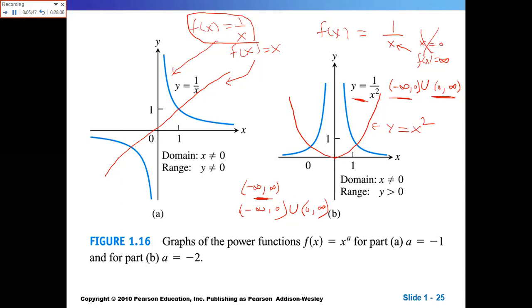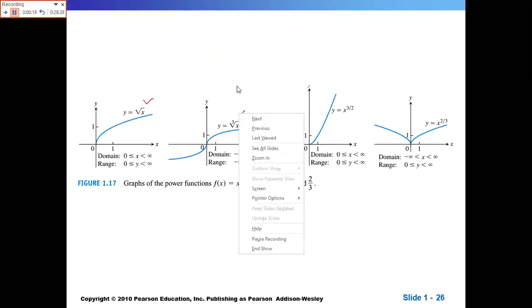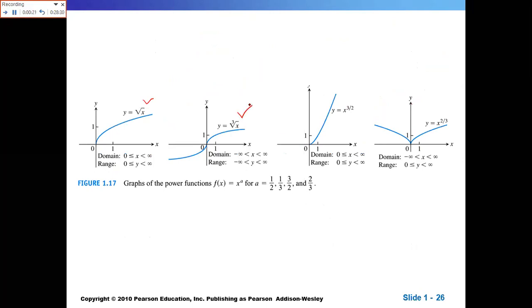Good. Okay. Let's take a look at the square root. This is the square root of x, and I'm sure you're familiar with this graph. And this is the cubic root of x.